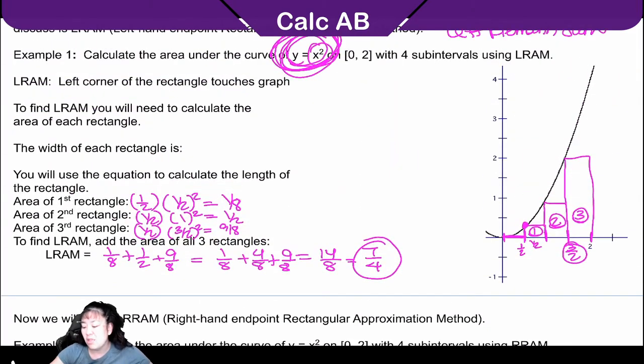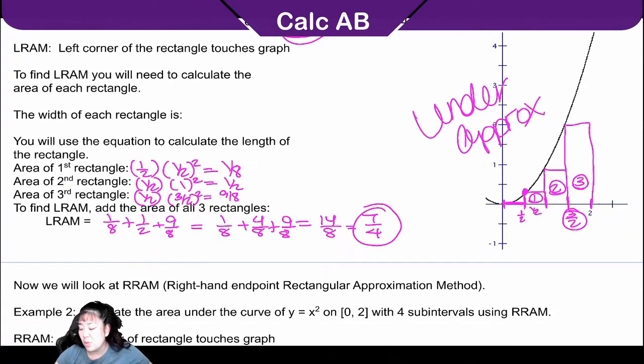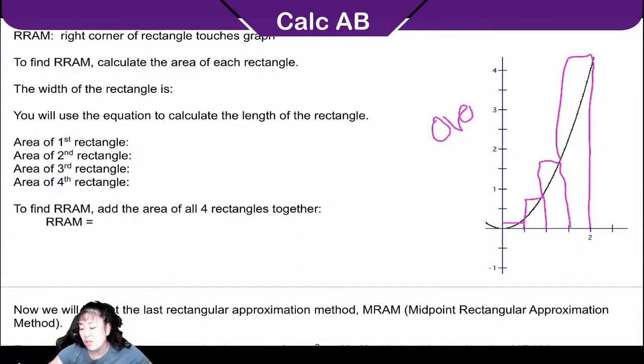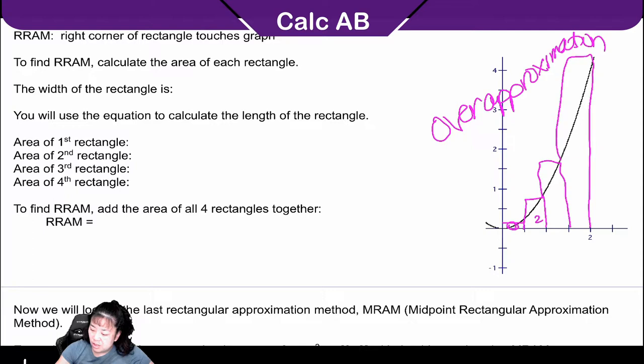The previous one was clearly an under approximation because all the rectangles lie below the graph. If there's a mixture of above the graph and below the graph, you can't tell. So this is an over approximation. So I have 1, 2, 3, and 4.